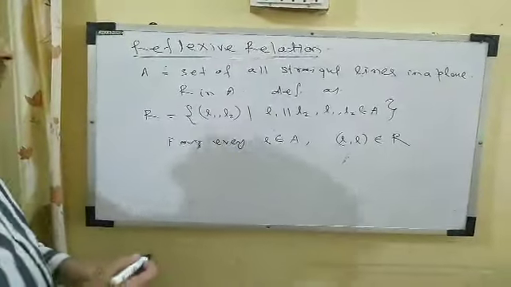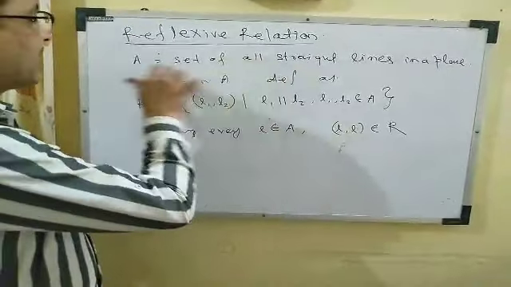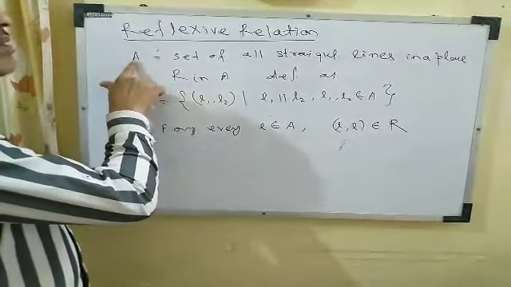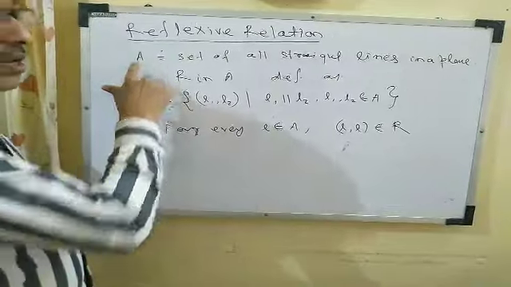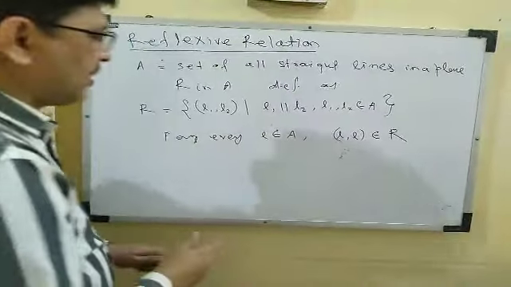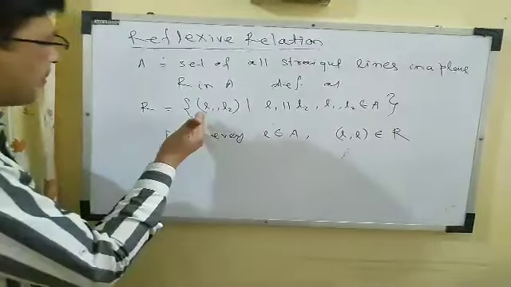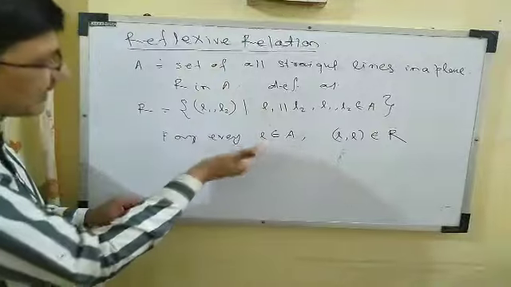Now we have to verify whether every element of this set A is related to itself or not. That means, under what condition will every element of A be related to itself?